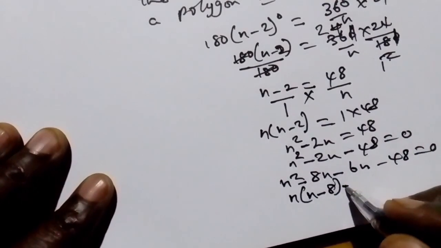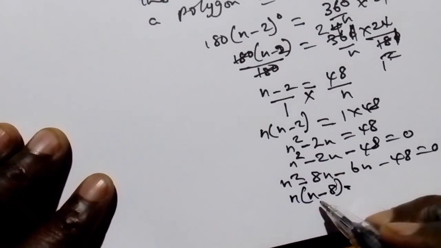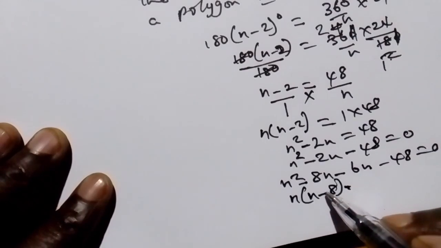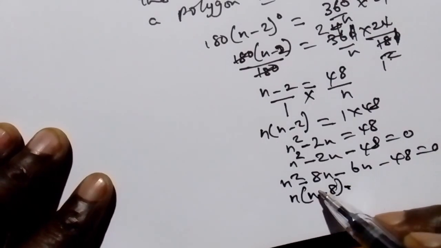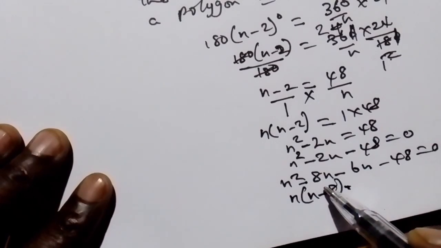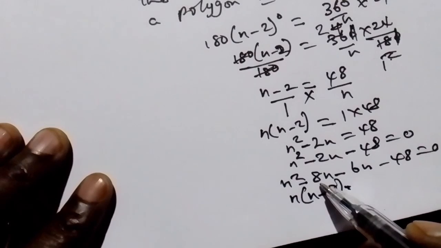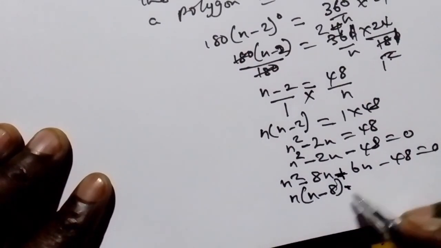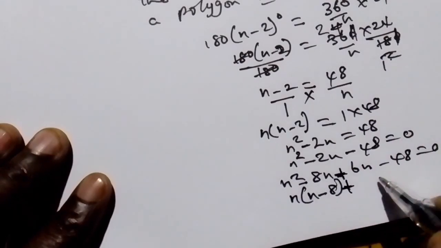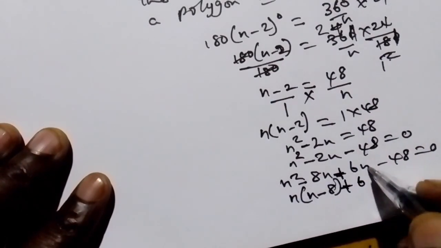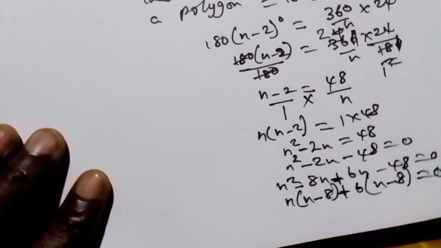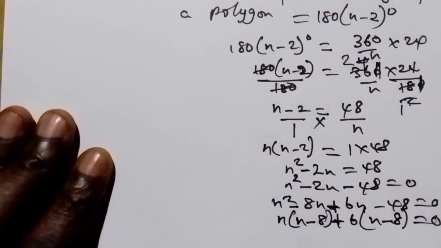Then plus 6 is common here: 6 into n minus 8 is equal to 0.